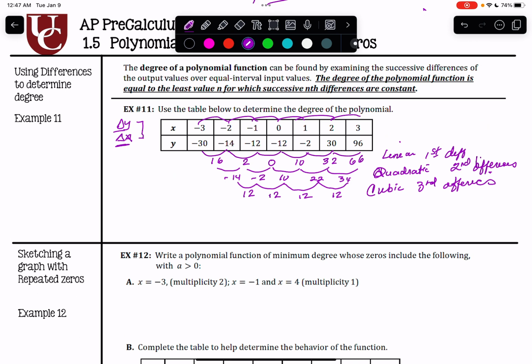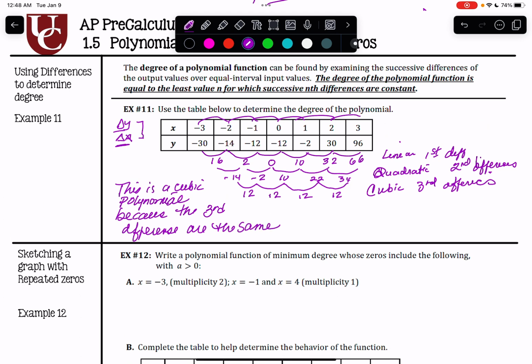So therefore, this is a cubic polynomial because the third differences are the same.